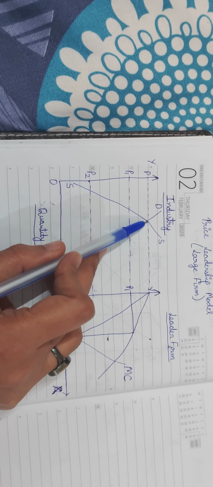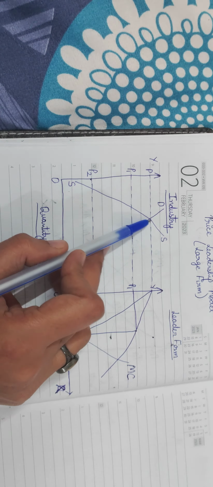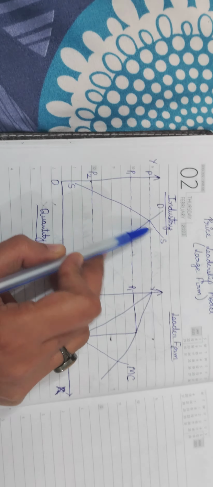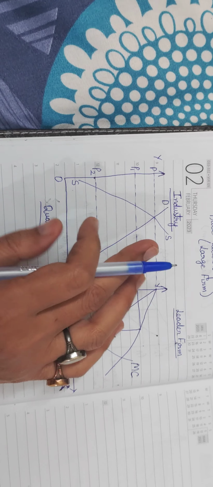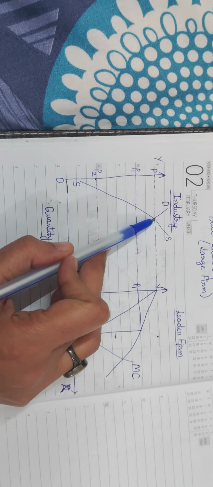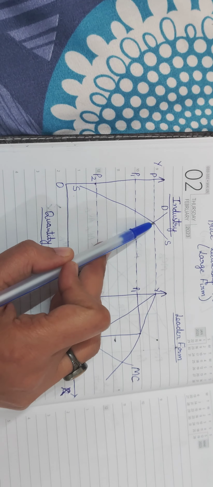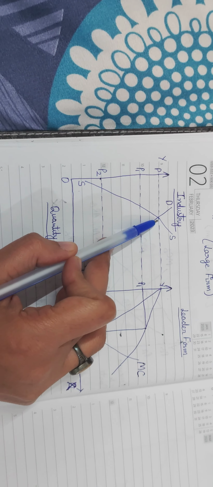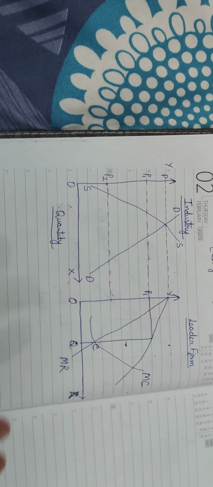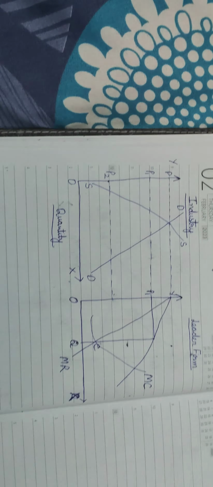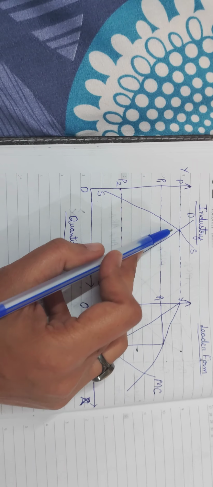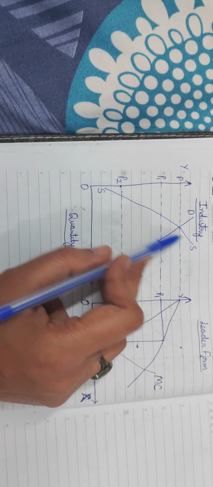At this point demand and supply are equal. I'm again repeating. So what will the leader firm do? It will not determine its prices at this point. Now we have assumed that the leader firm will fill the gap between demand and supply, and at this point there is no gap, right? Demand is equal to supply.